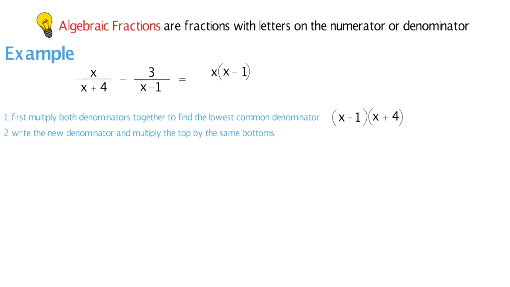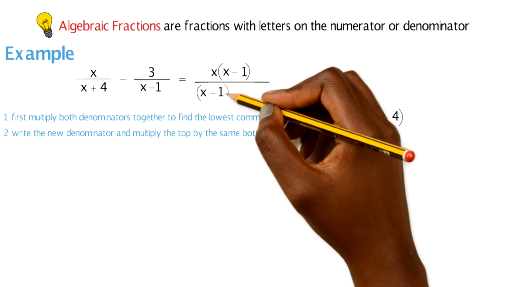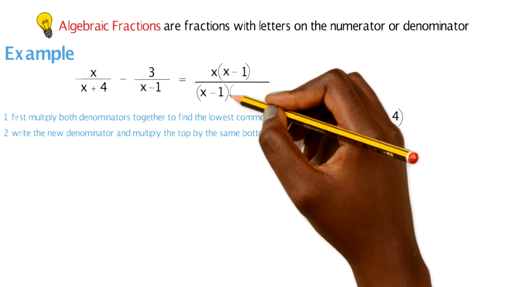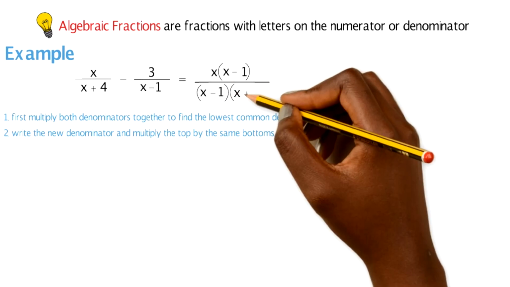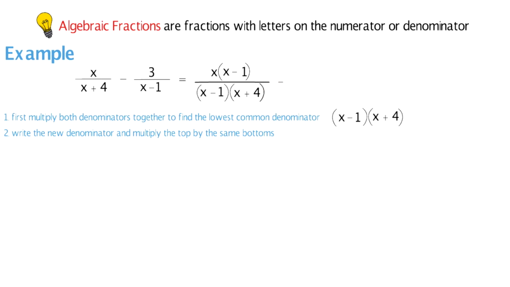And then again, we're going to write our new denominator, which we've worked out, which is the x minus 1 multiplied by the x plus 4. And then you're going to do the 3 multiplied by the opposite denominator of the x plus 4, and again over the same common denominator.